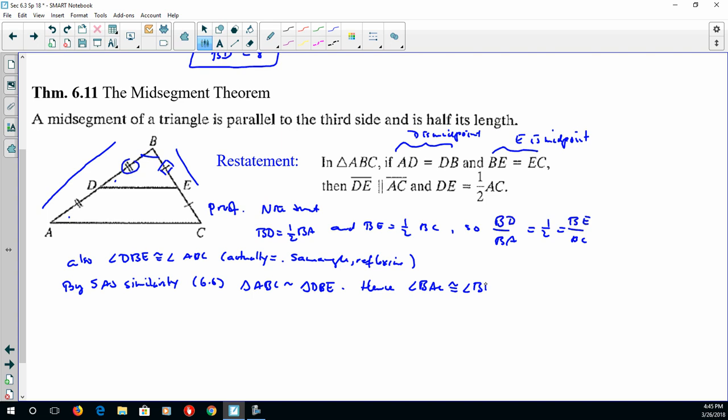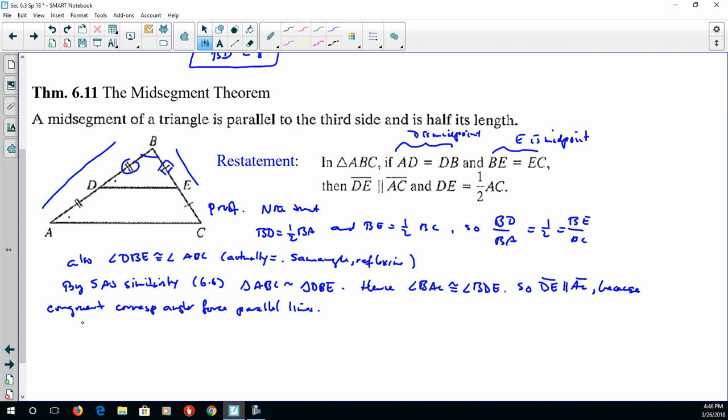So this means DE is parallel to AC, because congruent corresponding angles force parallel lines. Also, there should be a capital A here if I can write it.